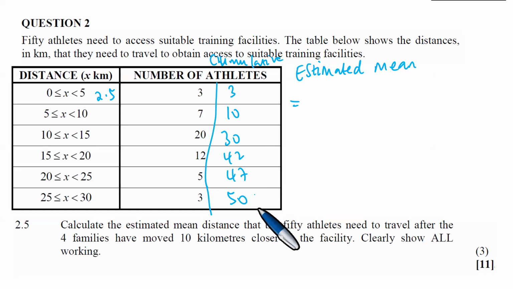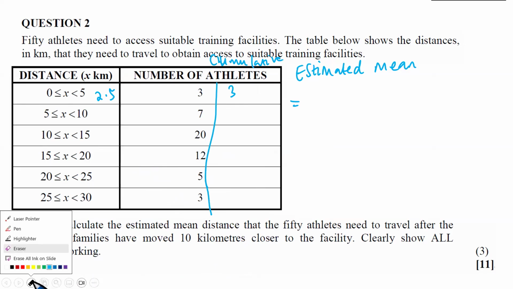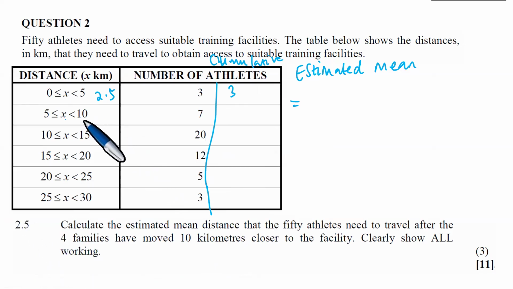Yes, you must use the new number of the athletes. So this one is going to change because of the new athletes. I'm going to adjust that one. But now you have 5 plus this one, which is 15, divided by 2, 7.5.